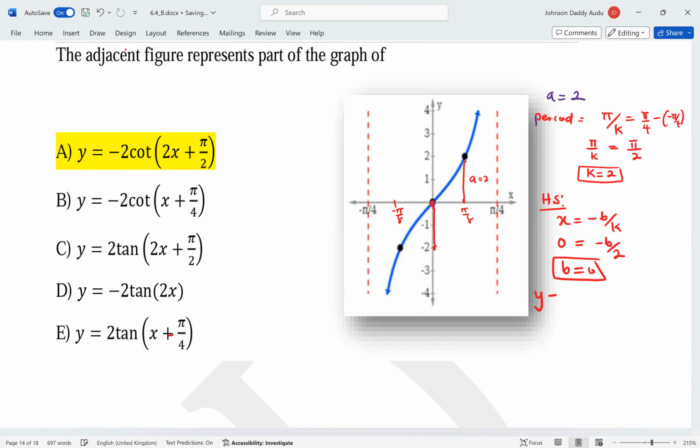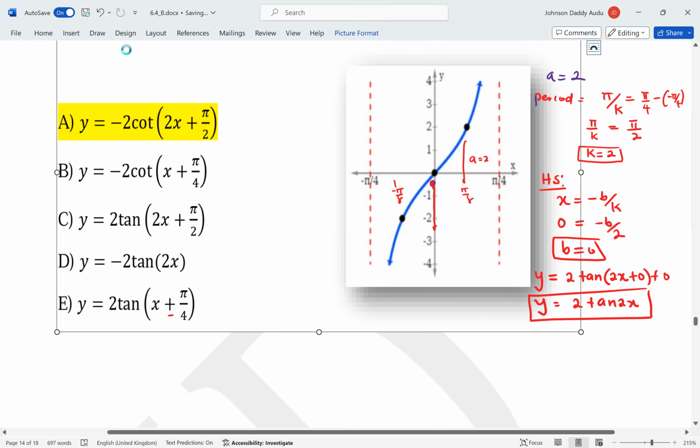Therefore, this graph is just going to be a, which is 2, tan of k, which is 2, x plus b, which is 0, plus also 0. So y is just 2 tan 2x. Right. But you can see 2 tan 2x is none of the options, right?